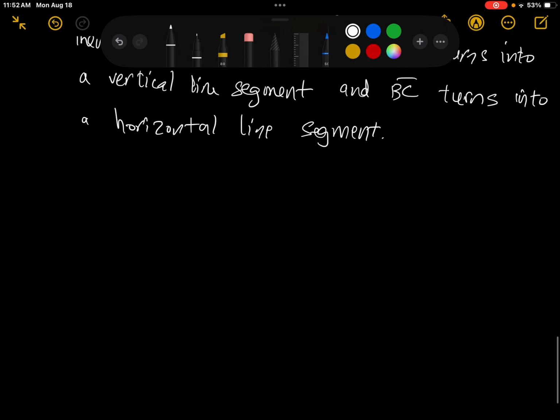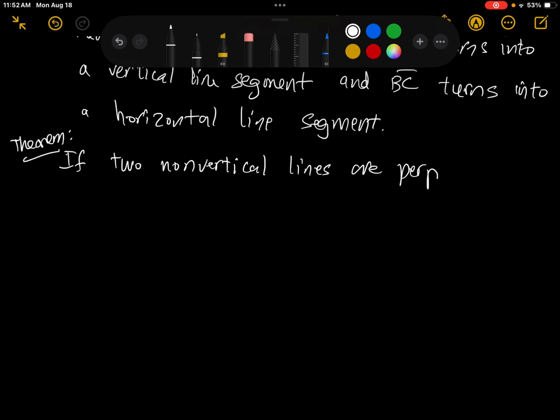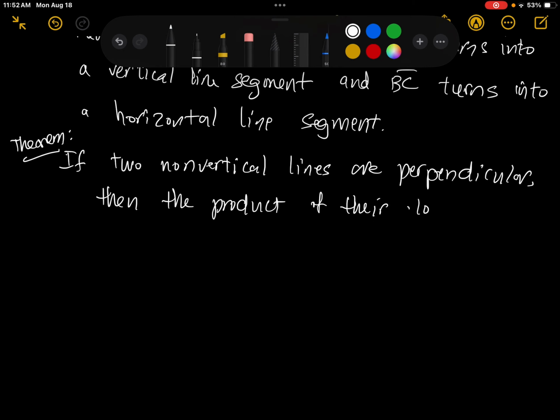And in general, the theorem is, if two non-vertical lines are perpendicular, then the product of their slopes is negative 1.